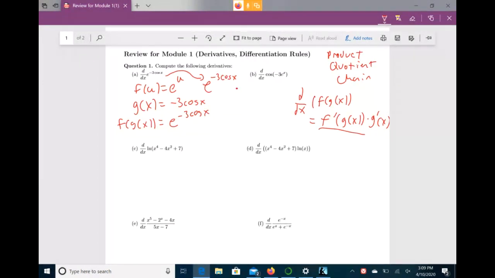All right, and the derivative of the inside will be 3 sine x, right? Because the derivative of cosine is negative sine.